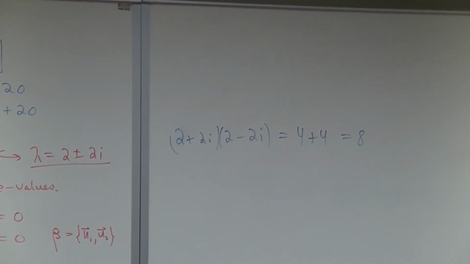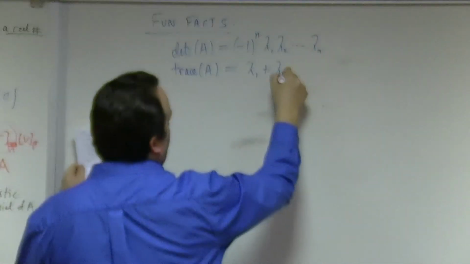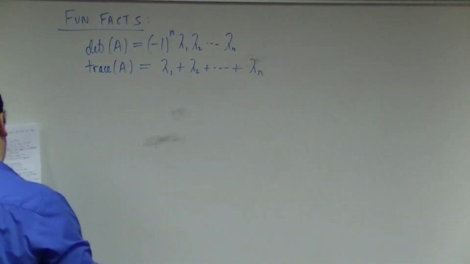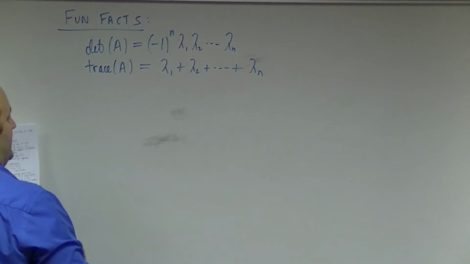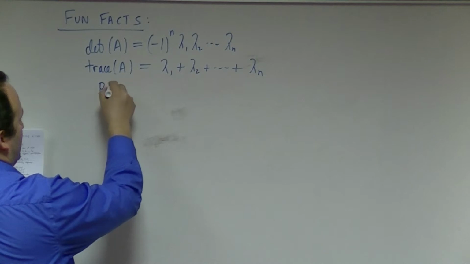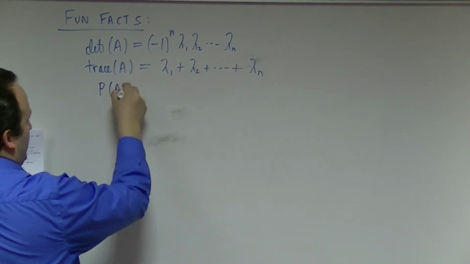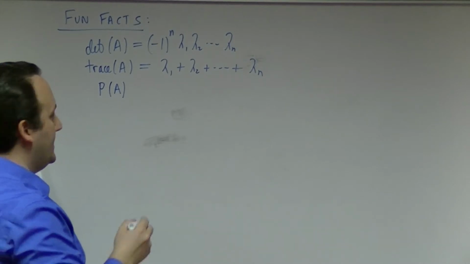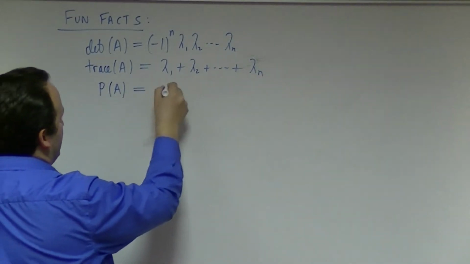Not a coincidence. The trace of the matrix is equal to the sum of the eigenvalues. These are things I ought to prove for you somewhat carefully some other day. And then here's a mysterious comment for you. If you take the matrix and you plug it in to its characteristic polynomial, this gives you 0.